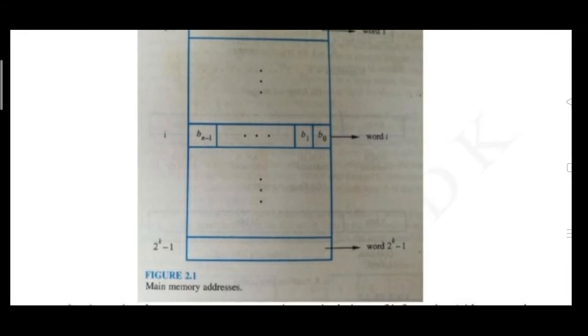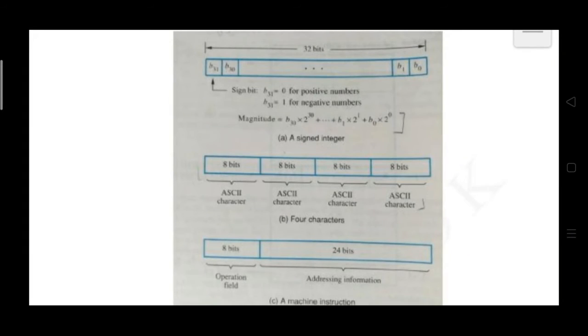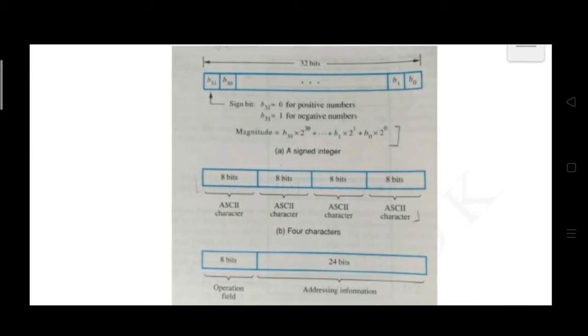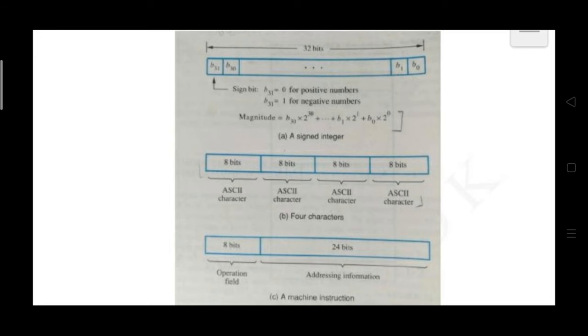Okay, next we have to see the types of addressing, or ways of addressing. Let's see what it is. This is the word length of 32 bits, marked b0 to b31. In case of a signed number, b31 is the MSB.